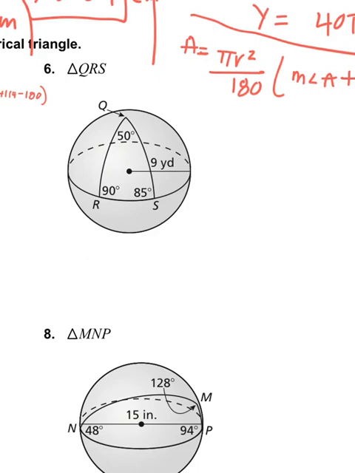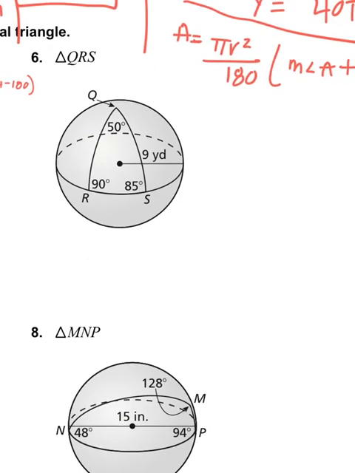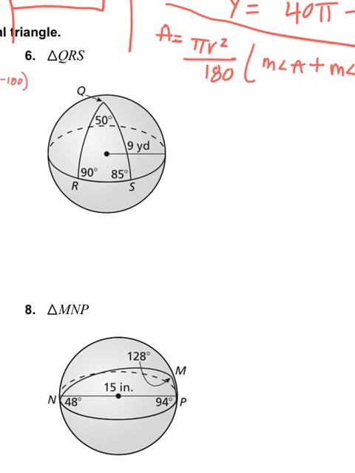Okay, let's do this next one. Again, we're given that the radius is 9, and then we're given the 3 angles for the spherical triangle. So area equals pi times my radius, which is 9 squared, over 180 times the sum of my three angles.